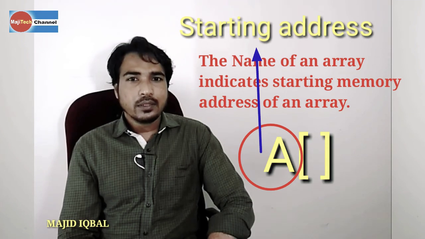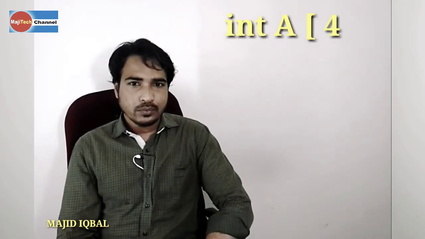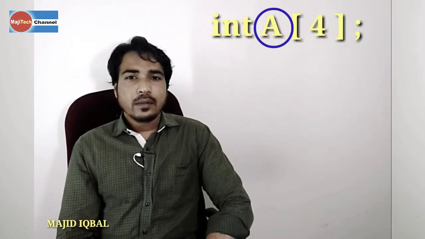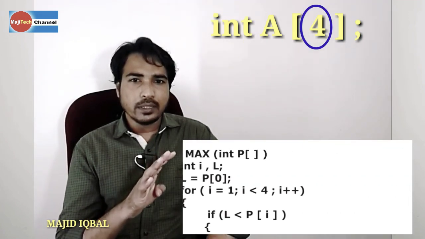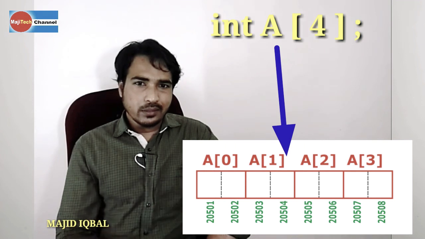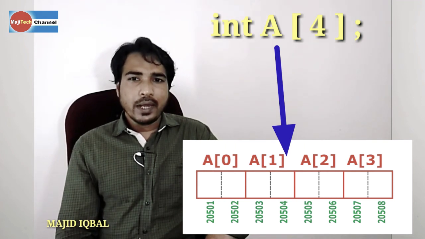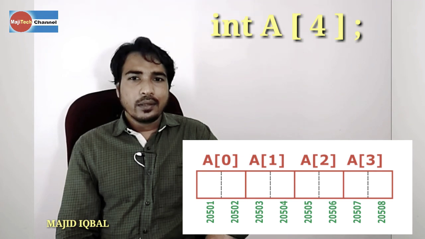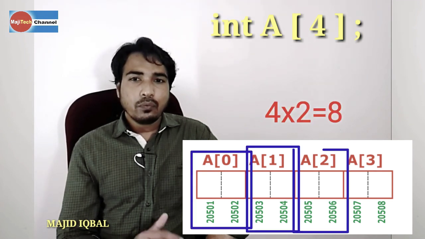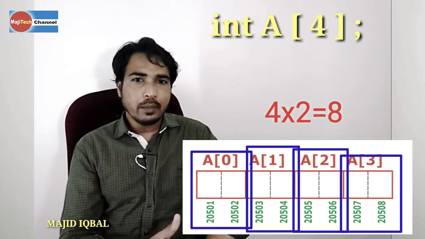Consider an example, int A[4]. Here A is an array of type integer and has 4 elements as shown on the screen. Integer value requires 2 bytes to store in memory. Hence array A requires 4 multiplied by 2, that is 8 bytes.